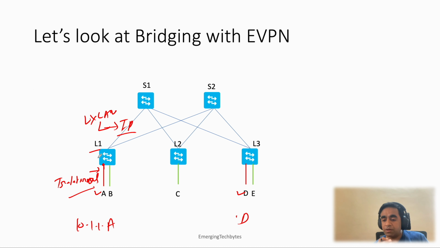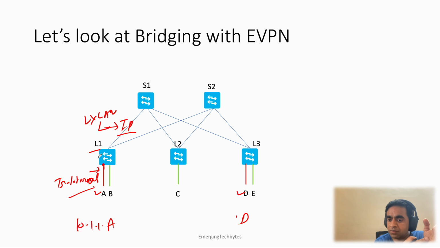Because remember, even though we have this encapsulation as VXLAN, even though we are using IP addresses for forwarding, even though it is layer 3, you are still not allowed to change the fundamental behavior of Ethernet, which is flood and learn. We will see how EVPN solves this, but that is the fundamental behavior of Ethernet.